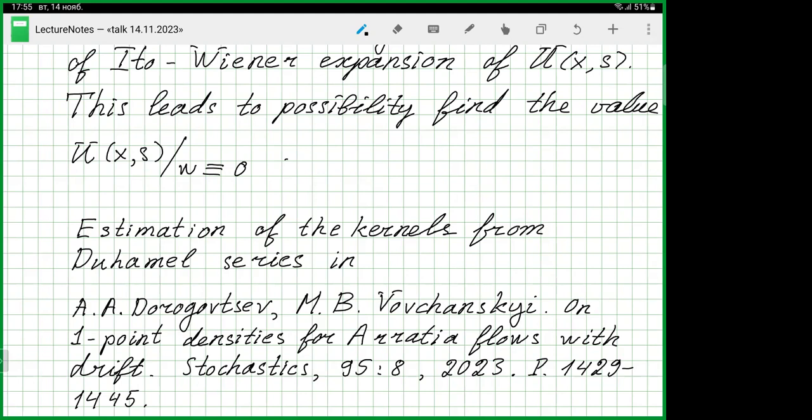But maybe the word drift explains why we get the Duhamel series in that paper. Still, we have a way to find, at least as a series, the desired probability. That's all I wanted to say.